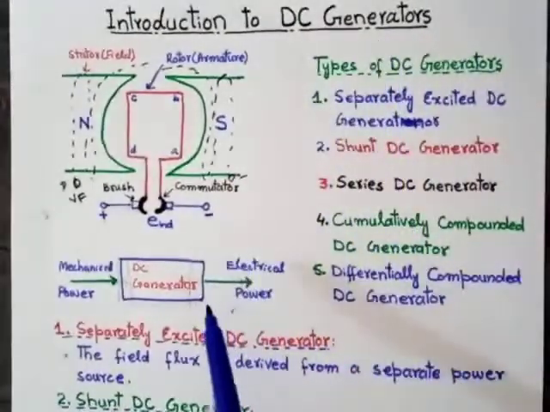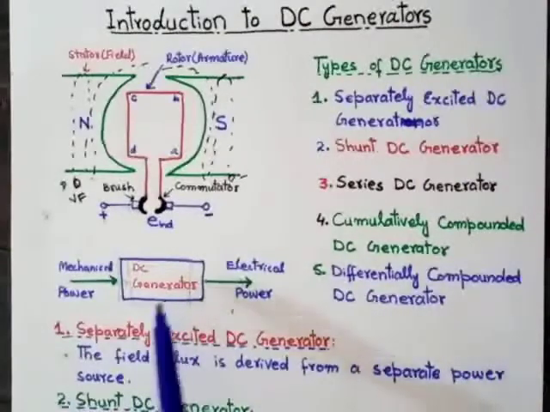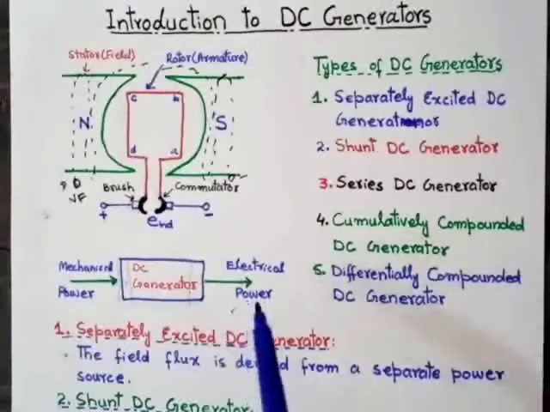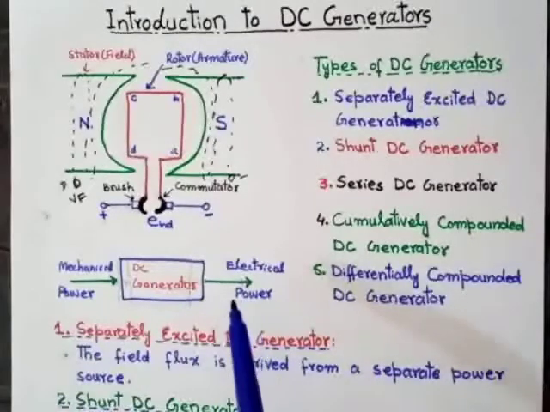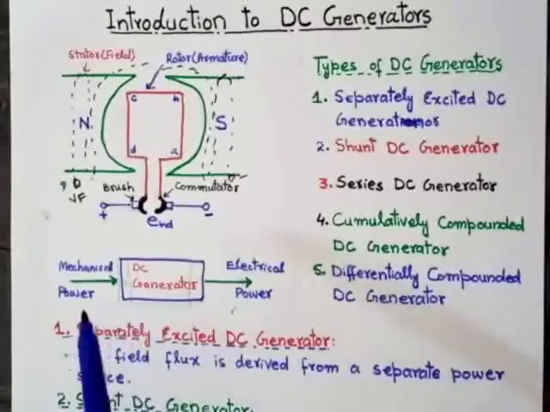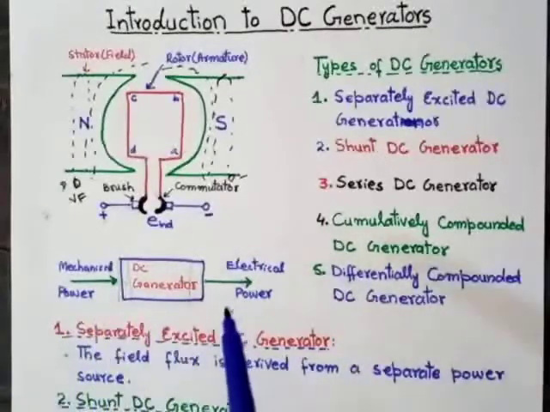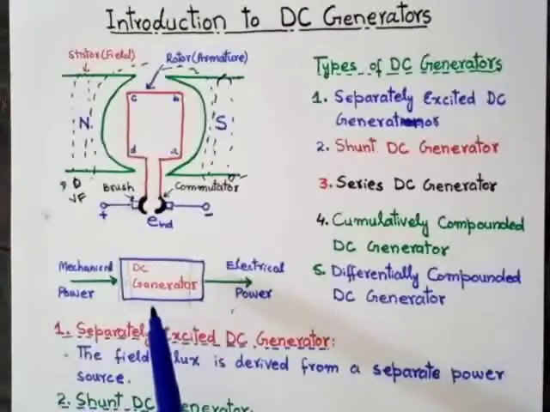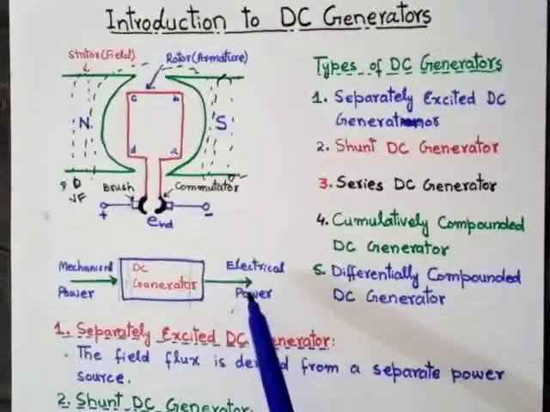As we know, a DC generator transforms mechanical power into electrical power. During this power conversion, some power losses occur that decrease the quantity of power conversion, as we have already discussed in detail.